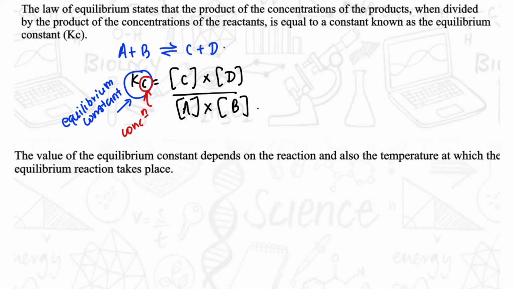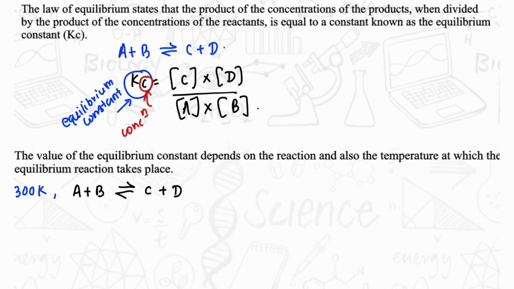Next point, the value of the equilibrium constant depends on the reaction and also the temperature at which this equilibrium will take place. For an example, let's say we have two reactions. One is A plus B, it gives us C plus D, and this will take place at 300 Kelvin temperature.